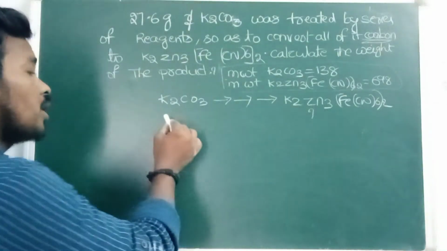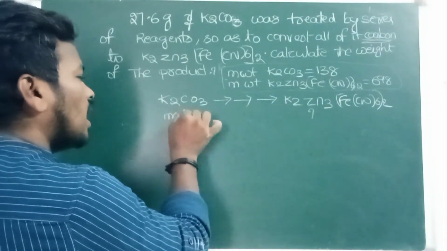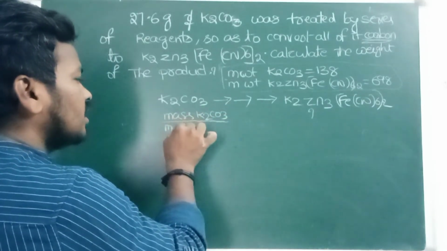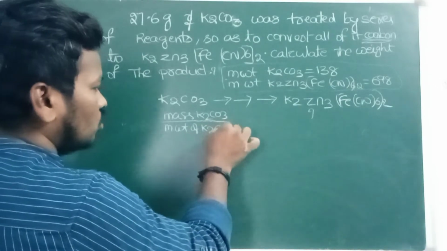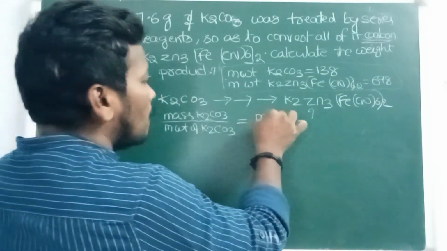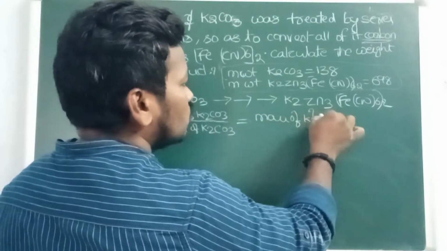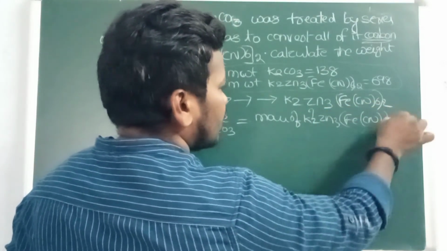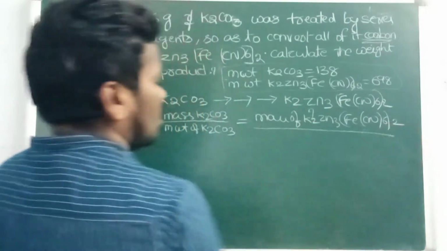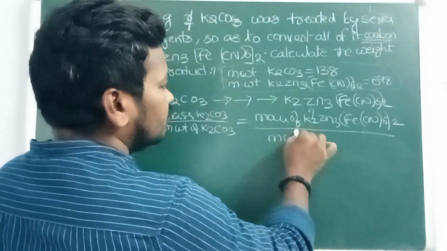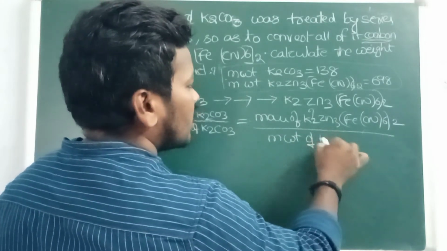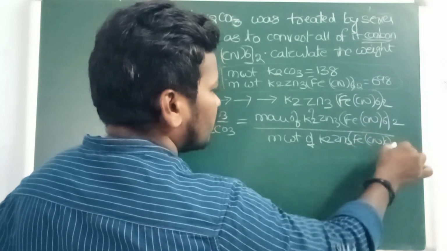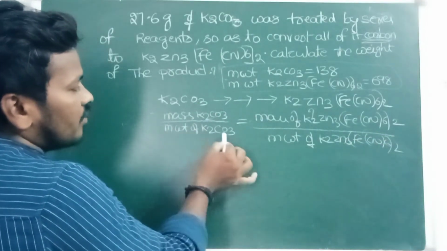By using the number of moles, that means mass of K2CO3 upon the molecular weight of K2CO3 is equal to mass of K2Zn3[Fe(CN)6]2 upon the molecular weight of K2Zn3[Fe(CN)6]2, taken twice.